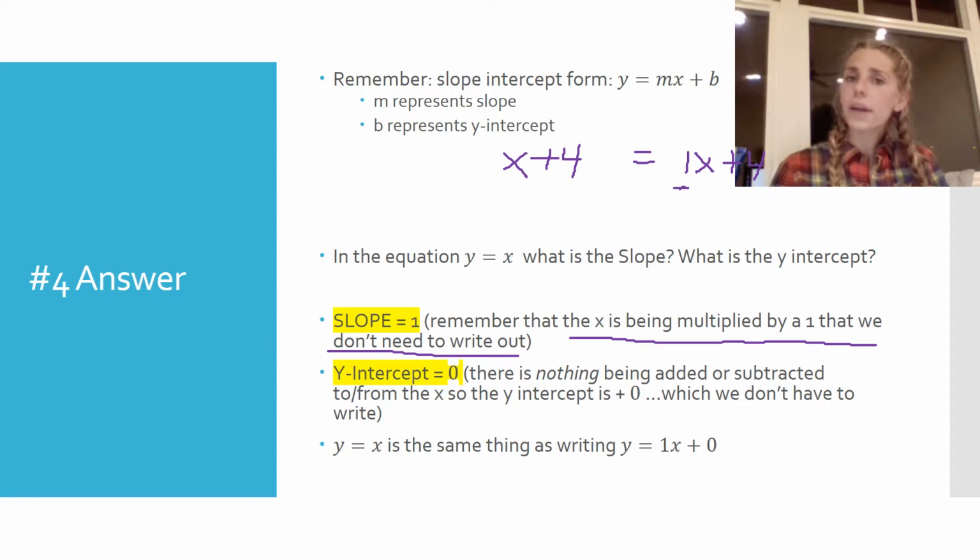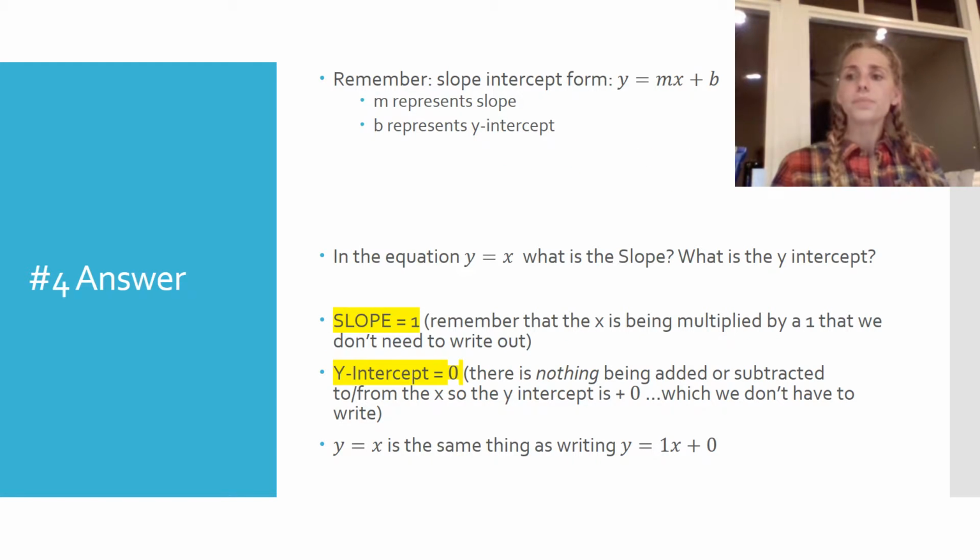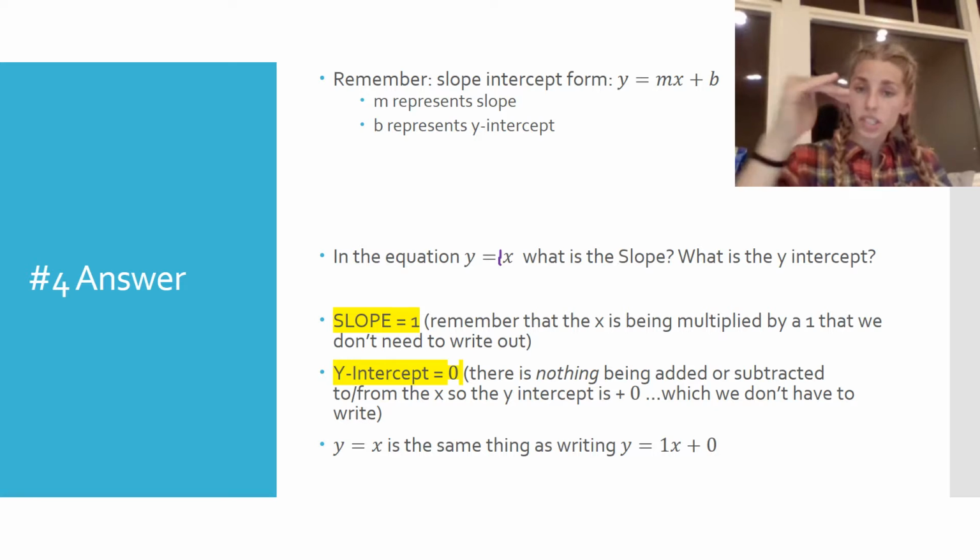Whenever there's a 1 there, we don't really write it, because it's redundant, it's unnecessary. So there's an imaginary little 1 right in front of here. So our slope is 1. Every time our x value changes by a number, our y value changes by that same number. It just goes up by 1 every time, okay?